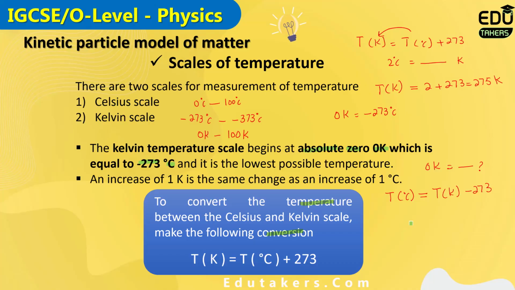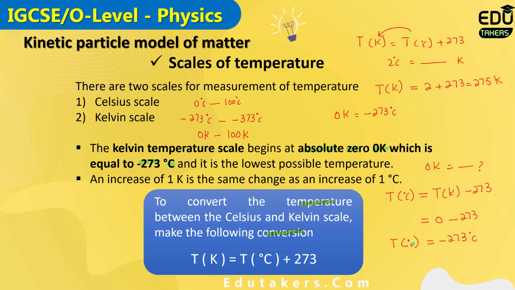Now the temperature in Kelvin is given, which is 0 Kelvin. Just put here 0 minus 273. You get the temperature minus 273 degrees C. It means that 0 Kelvin is equal to minus 273 degrees C.